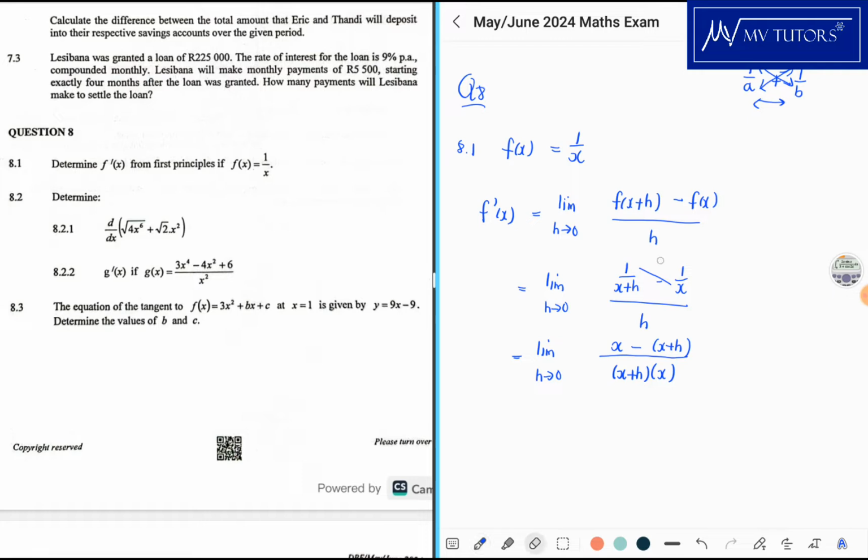And then remember we have our ultimate denominator there, which is h. So I need to just simplify that, remove brackets and so forth.